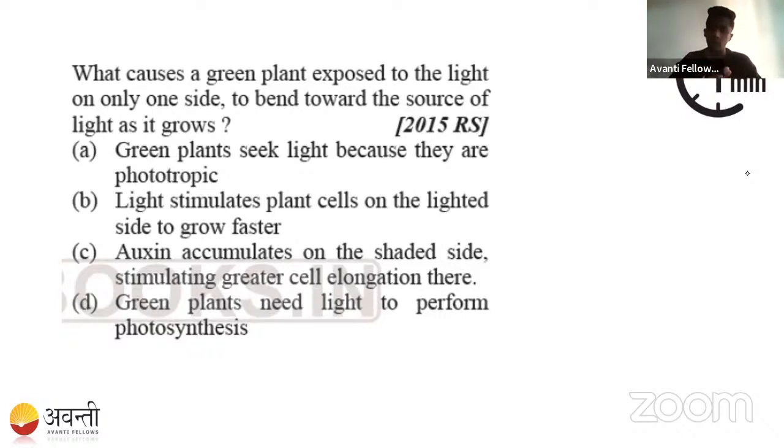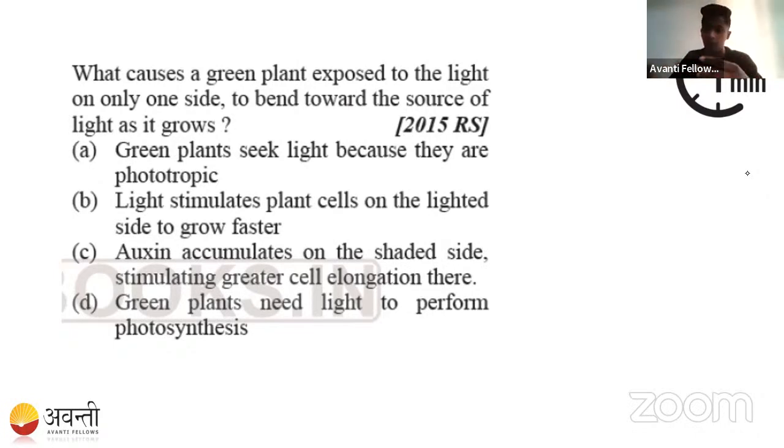So auxins will start accumulating at the shaded region. Whenever the auxins accumulate at the shaded part, that will lead to cellular elongation at the shaded region. And the cell elongation at the shaded part will push the plant towards the light.